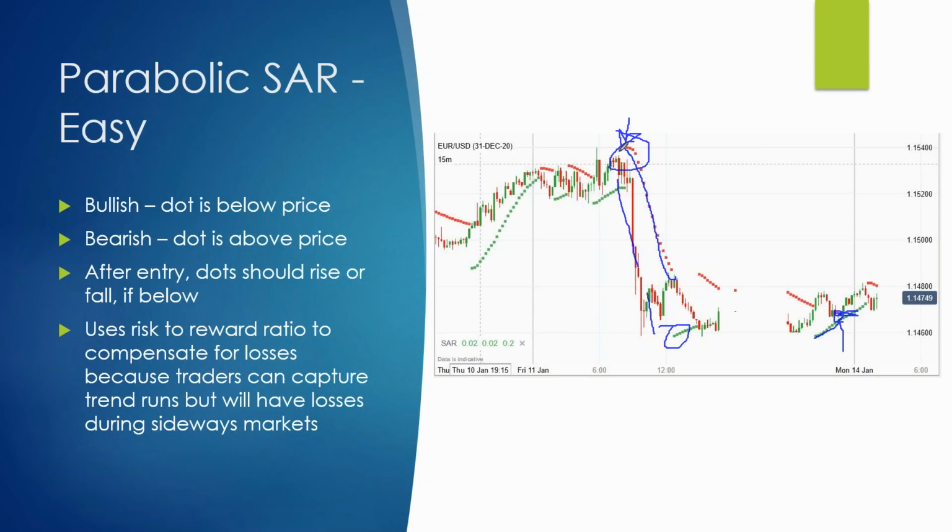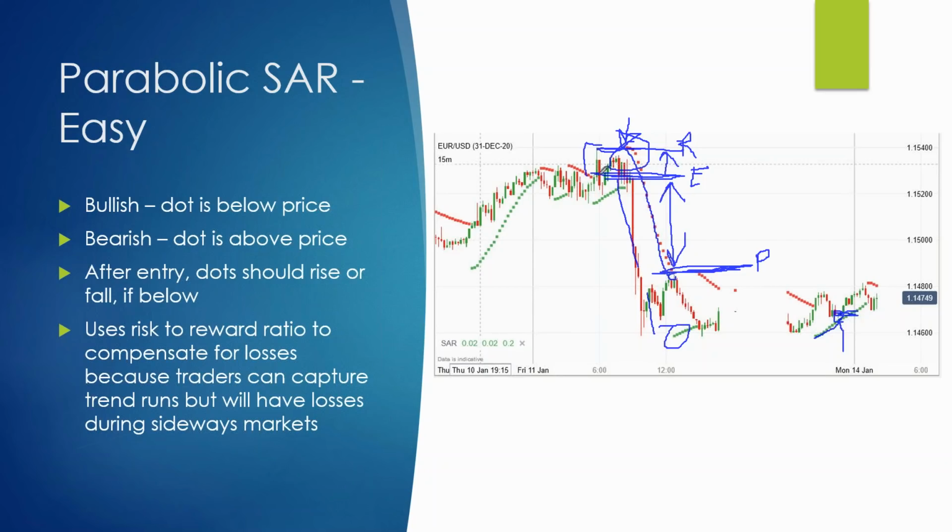So the theory behind that is the same theory that I teach a lot. If you were risking this much, and I'm going to draw these lines out a little bit more, this was your entry, and let's say this was your risk, then if you went here and got out, this would be your profit, correct? Well, look at the difference between your entry and your profit versus your entry and your risk.